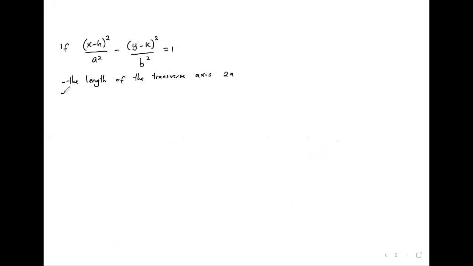The transverse axis is moving from one vertex to another vertex, and then the coordinates of the vertices are h plus or minus a, comma k. So (h, k) is the center, then you move a and negative a steps, you have your vertices.